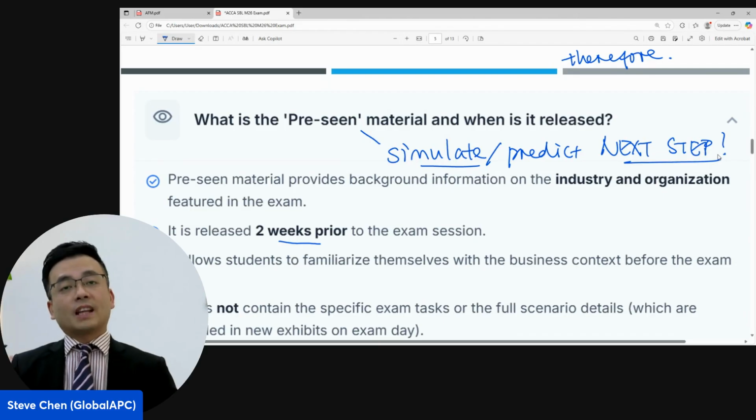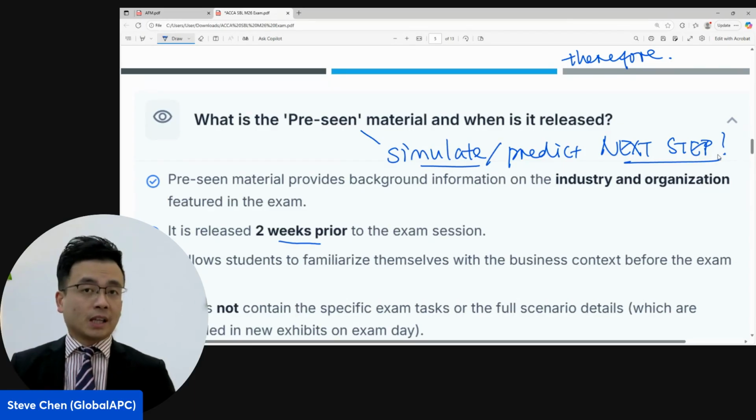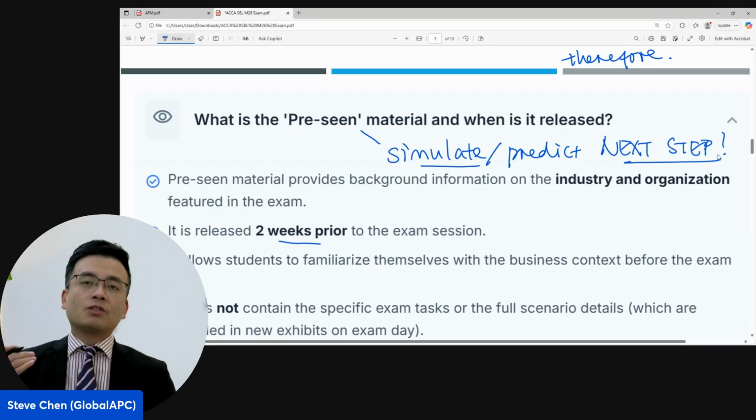Of course, step one from my perspective is to summarize what's happening in the pre-seen using a SWOT analysis. But you do not need to do an extensive summary of the current pre-seen material, but rather use the background information to predict what is going to happen on the exam day.